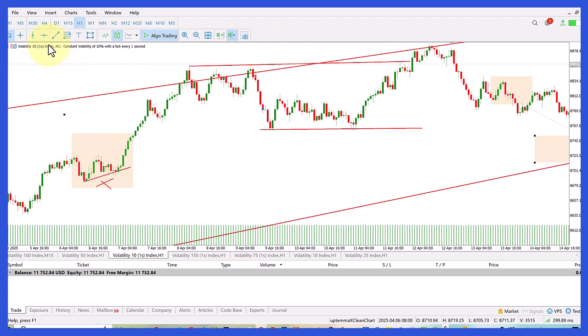And let's see if it actually targeted it. Now remember, in a market that is going upwards, you should be careful.